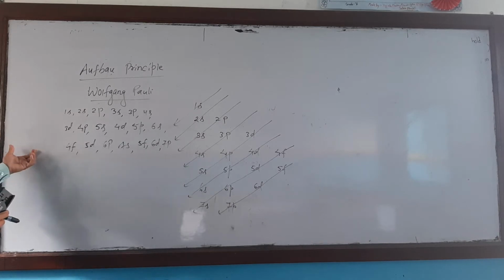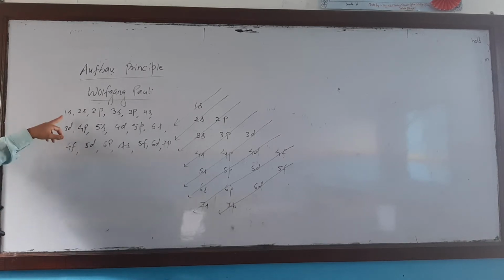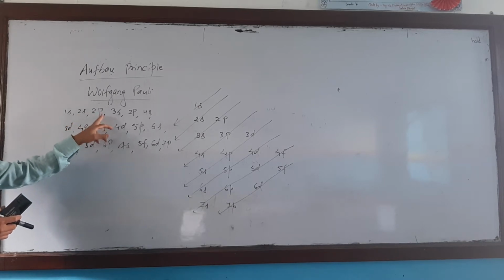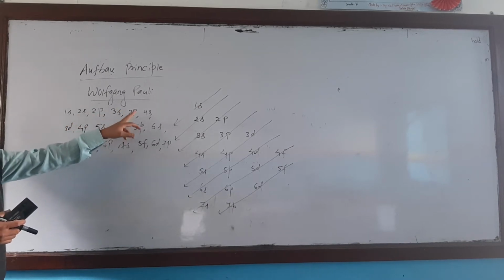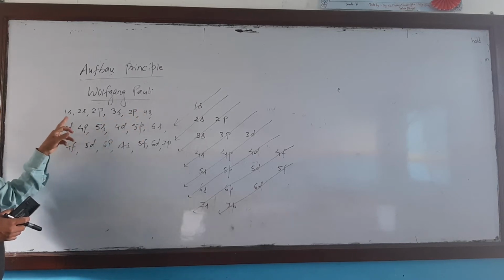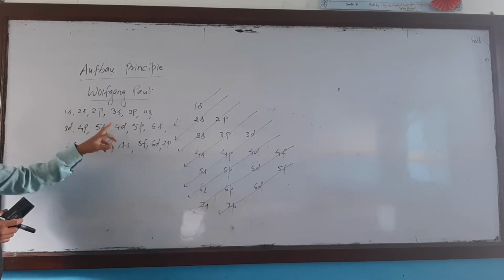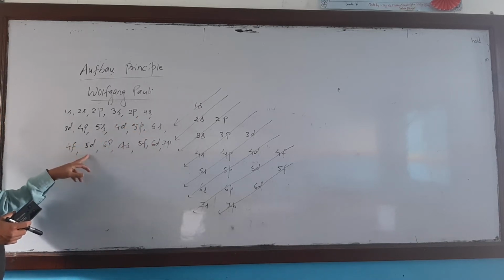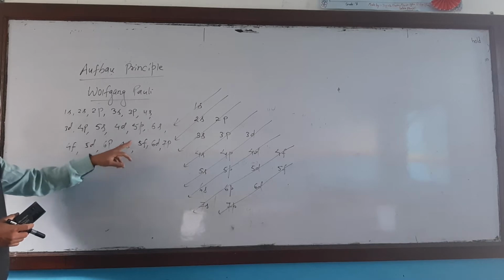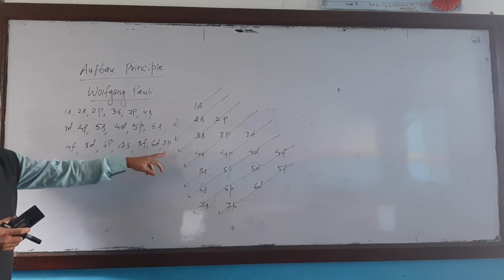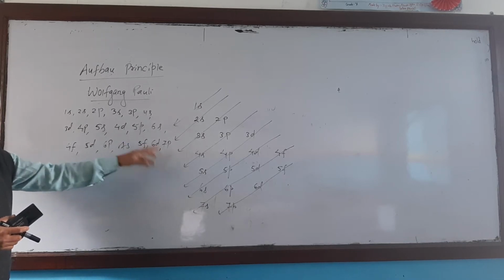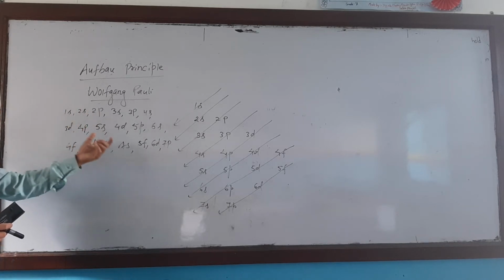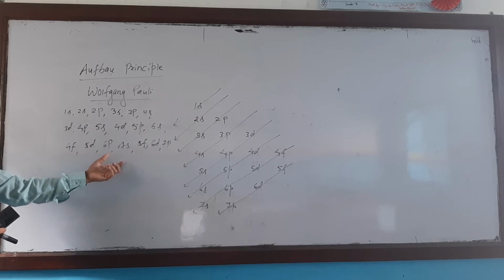So Wolfgang Pauli's Aufbau principle says that electrons are filled in 1s, then 2s, 2p, 3s, 3p, 4s, 3d, 4p, 5s, 4d, 5p, 6s, 4f, 5d, 6p, 7s, 5f, 6d, 7p. After filling the electrons in the lower energy level, it will fill the higher level.